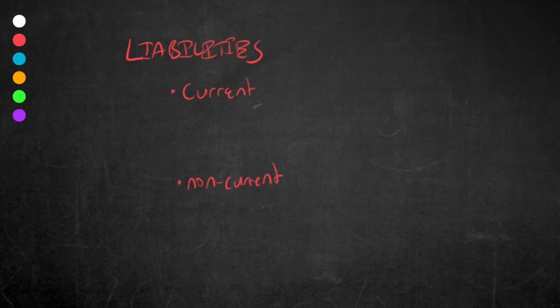So under current liabilities, we may have something called accounts payable. Okay, this is the flip side to accounts receivable, what we saw before. So this is essentially what you owe a supplier for items or services purchased on credit. You might also have current debt. Okay, this is debt that is needed to be paid within 1 year.